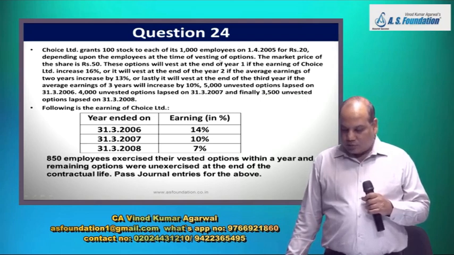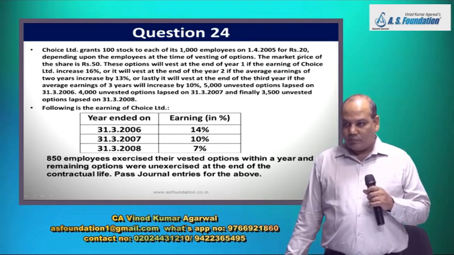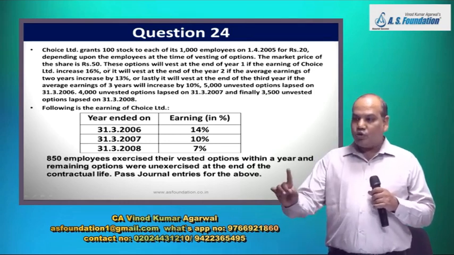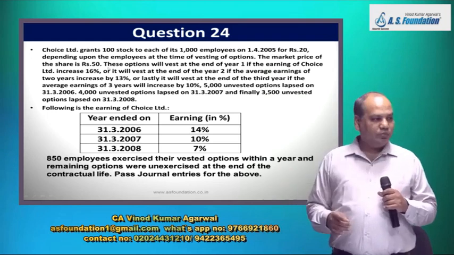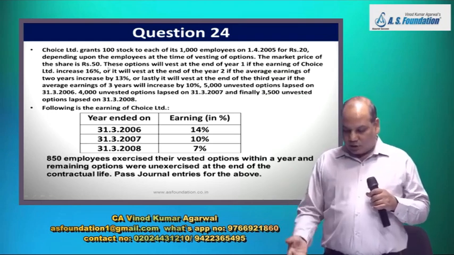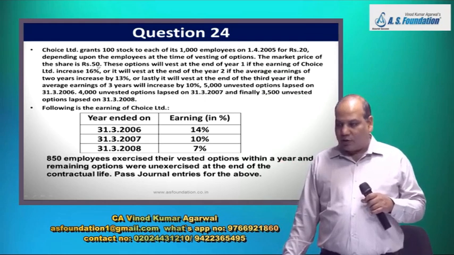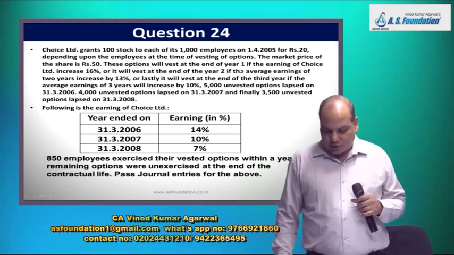Now here the period is not fixed. The market price of the share is ₹50. Underline, market price is 50 and what is the exercise price? 20. Exercise price is 20. If the problem does not give you fair value, then you will take the difference between market price and exercise price, intrinsic value, as fair value.